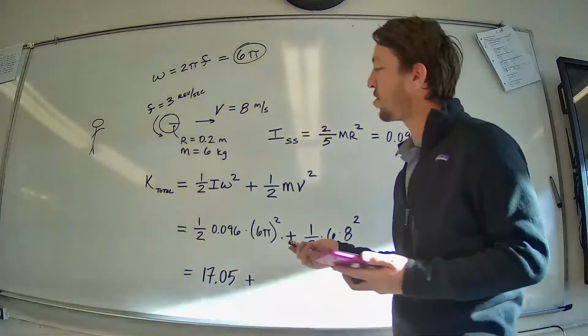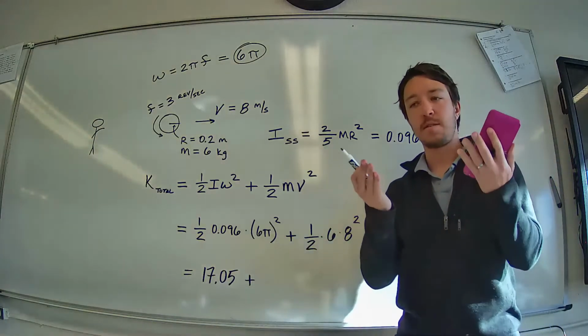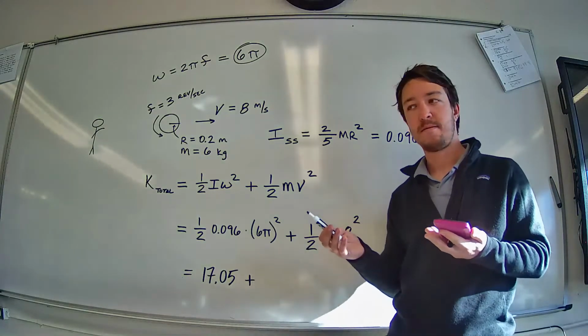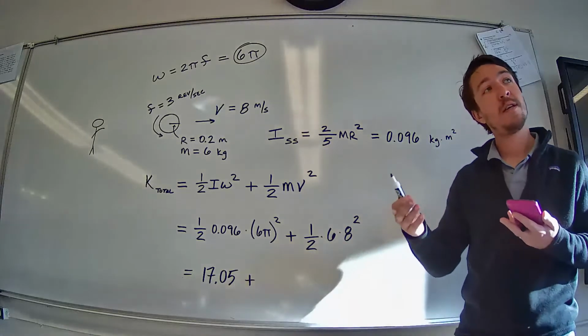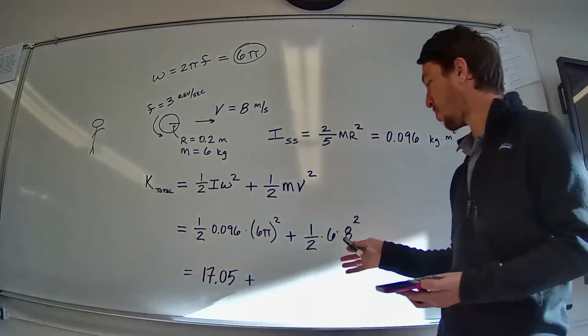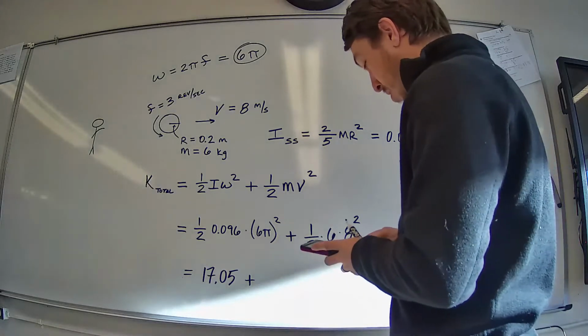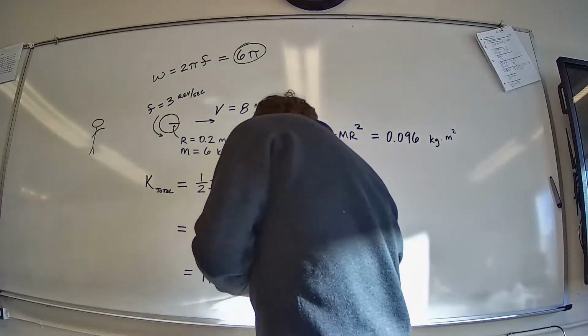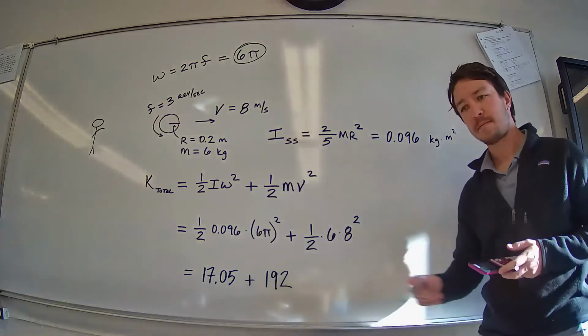I'm just wondering what the division of energy is here. Is most of the energy due to the rotation, or is most of the energy due to the traveling? In this case, we're going to find out, so check that out.